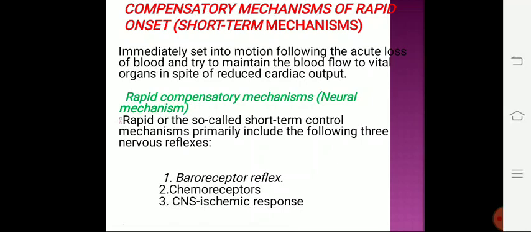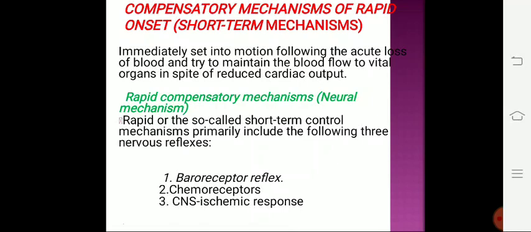Chemoreceptor reflexes. Acute hemorrhages cause loss of red blood cells, leading to reduced O2 carrying capacity. The resultant anemia and stagnant hypoxia as well as the acidosis stimulate the chemoreceptors.